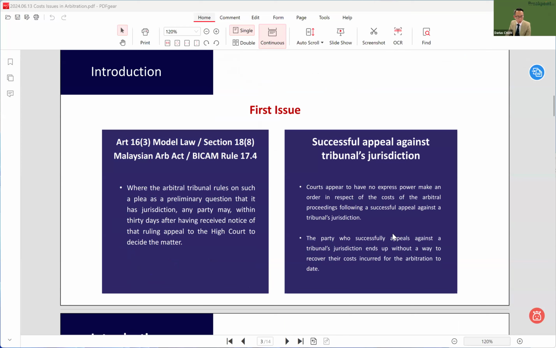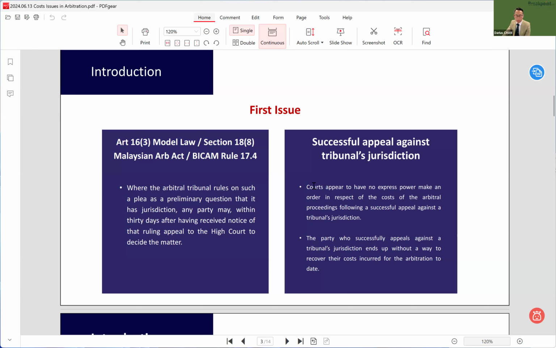The issue that is raised by Article 16.3 and Section 18.8 is that the party who successfully appeals against the tribunal's jurisdiction ends up without a way to recover their costs incurred for the arbitration to date. At least under the model law, courts appear to have no express power to make an order in respect of the cost of the arbitration proceedings following a successful Article 16.3 appeal.